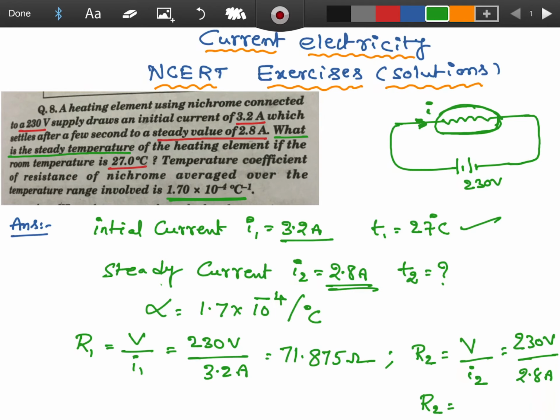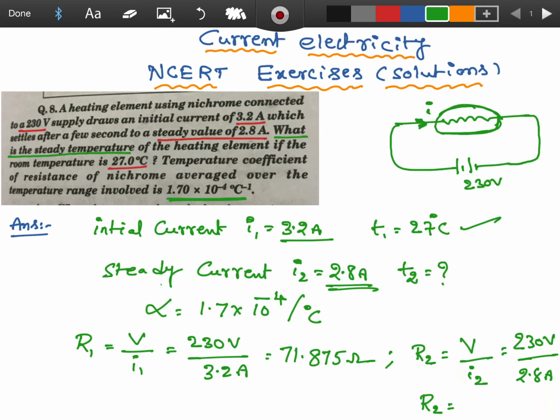This is the heating element of nichrome wire, connected to a 230 volt DC supply, initially at 27 degrees Celsius, that means at room temperature. When temperature is less, resistance will be less, current will be more.